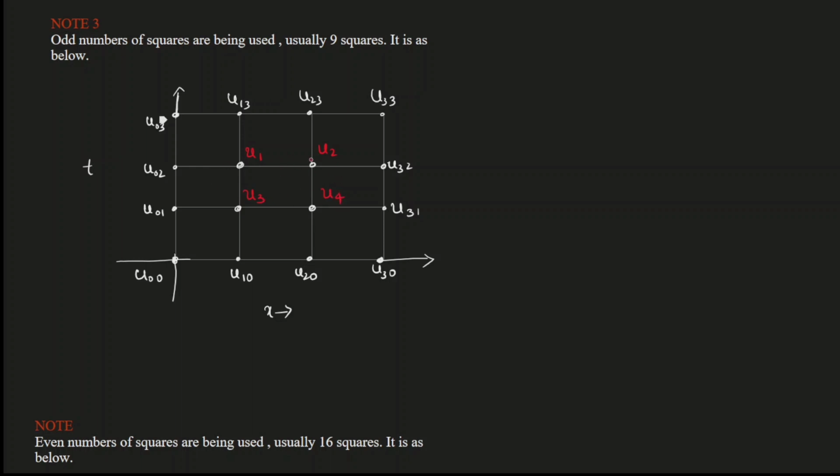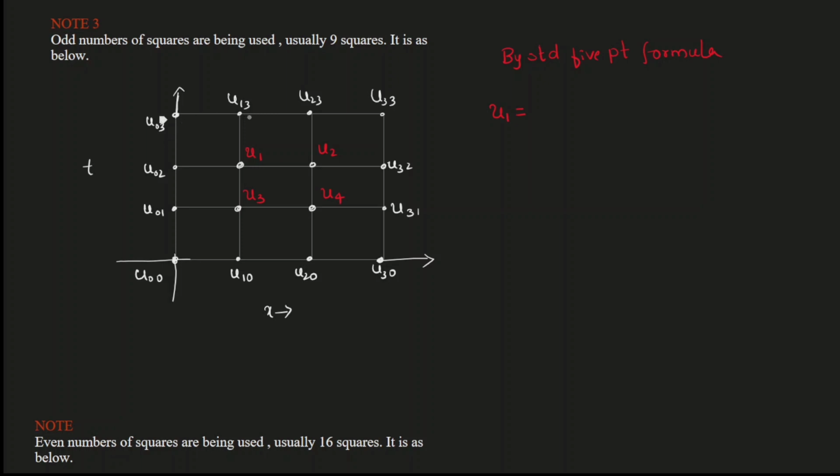For this, I am going to use the standard 5-point formula. Now, according to the rule, how do you find u1?